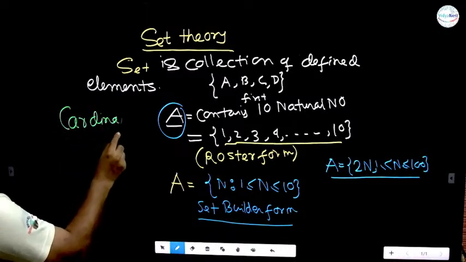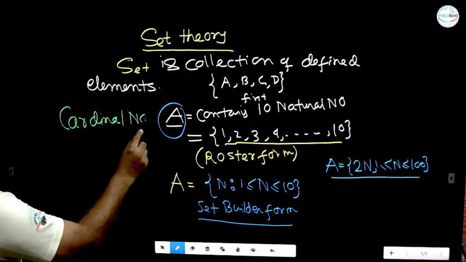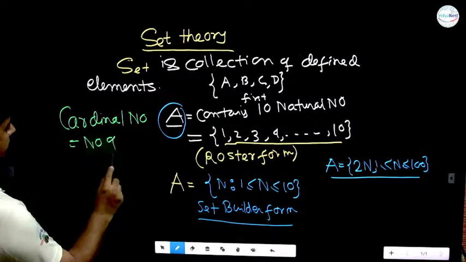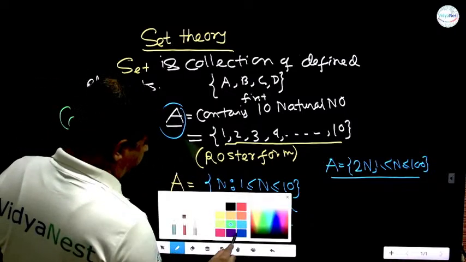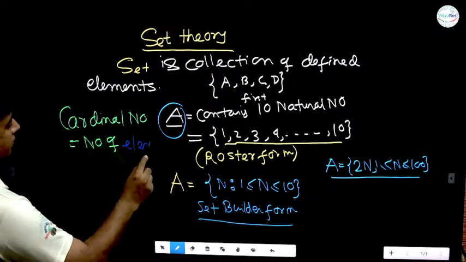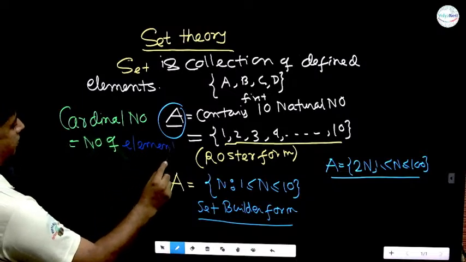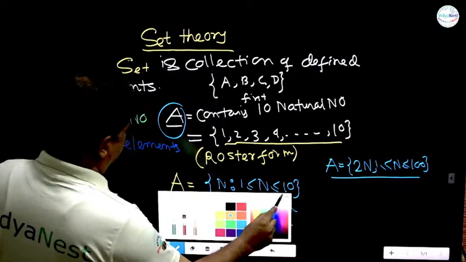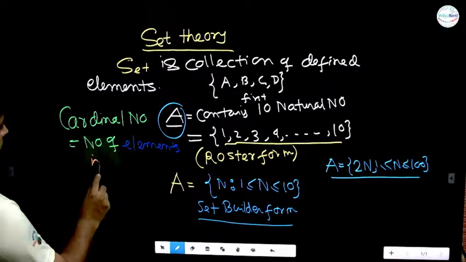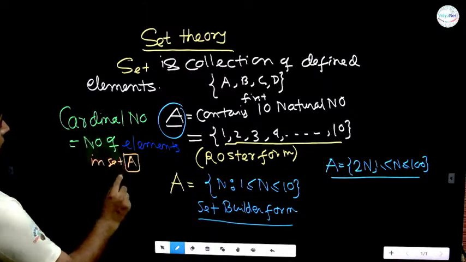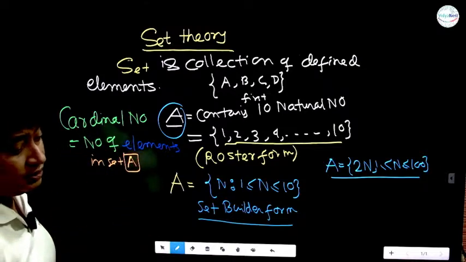Cardinal number means the number of elements in set A. How to denote it?